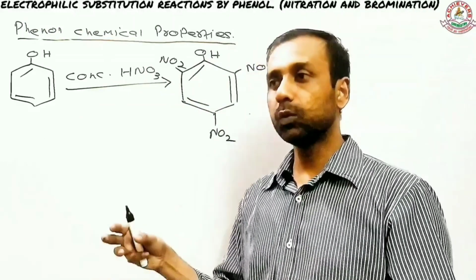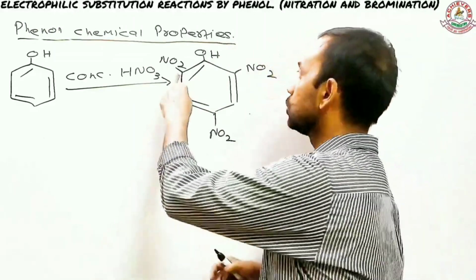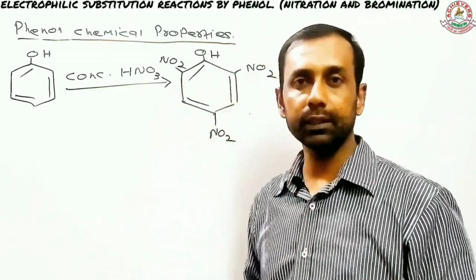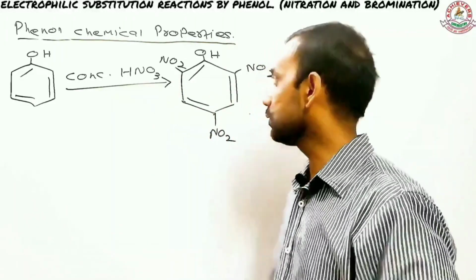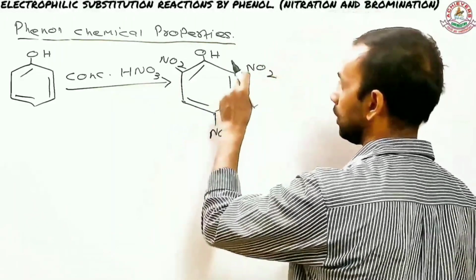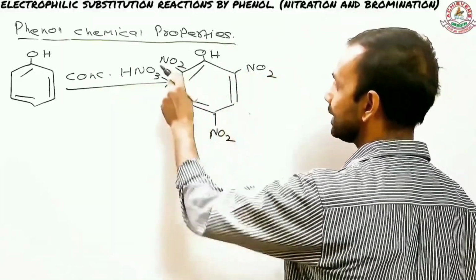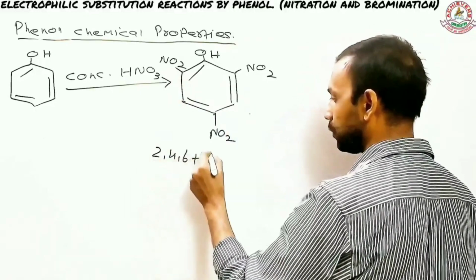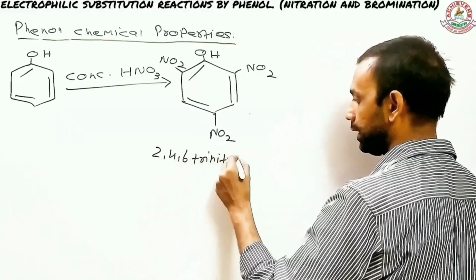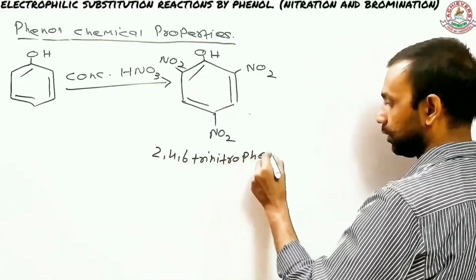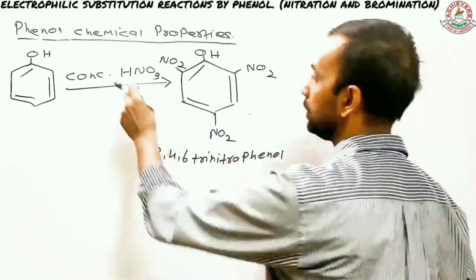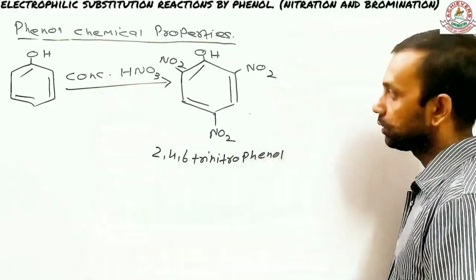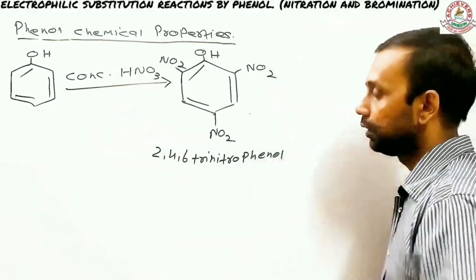You get a compound where all three positions, two ortho and one para, are occupied by the nitro group. This is called 2,4,6 trinitrophenol. But this is only possible when you use concentrated HNO3. So this is another important reaction related to nitration.